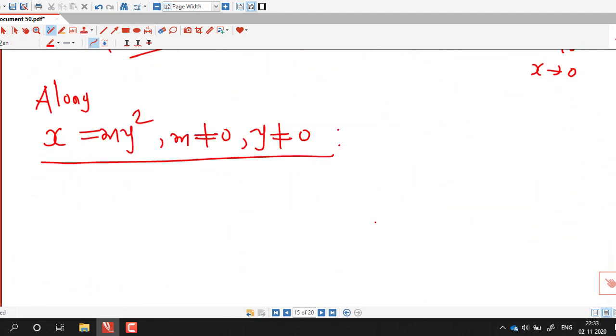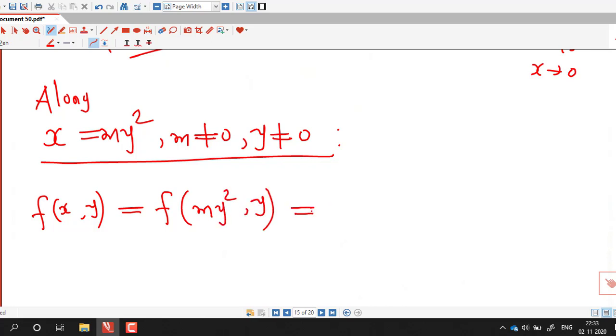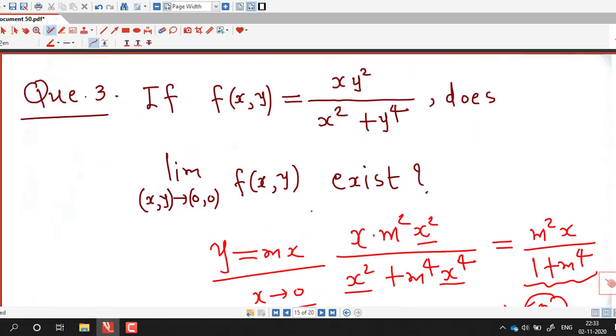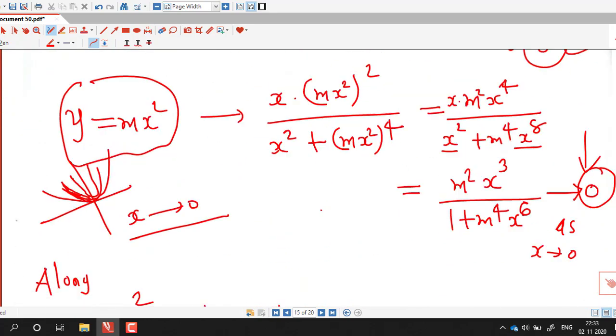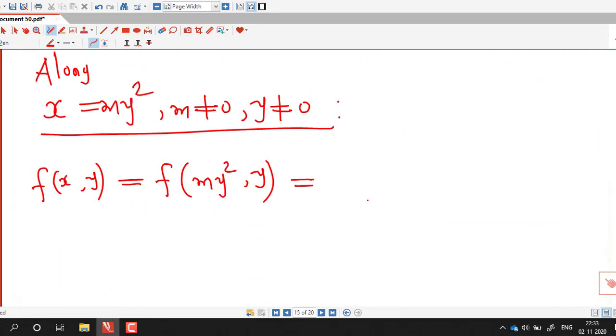So in f(x,y) we put x equal to m into y square. Now the function is x into y square over x square plus y raised to 4. So in x into y square, we have to replace x by m into y square.